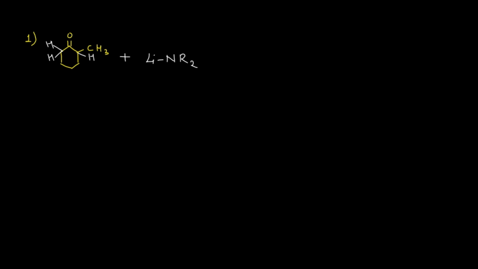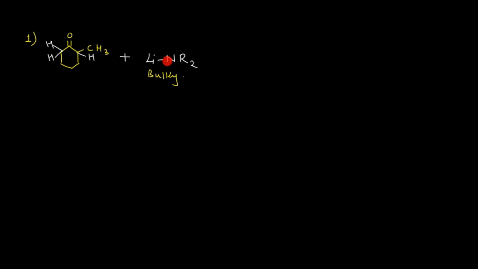Since this LDA is bulky in nature, sterically hindered, slow reacting, highly selective, and this methyl group is present here, this hydrogen is overcrowded or sterically hindered by this methyl group.